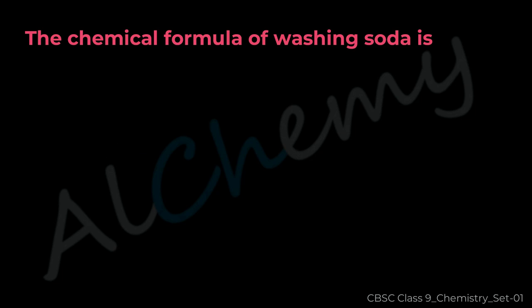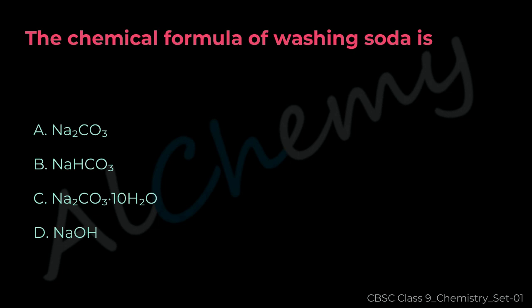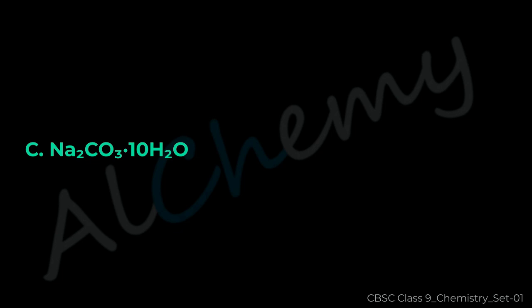Chlorine. Question 15. The chemical formula of washing soda is A. Na2CO3, B. NaHCO3, C. Na2CO3.10H2O, D. NaOH. The correct answer is C. Na2CO3.10H2O.